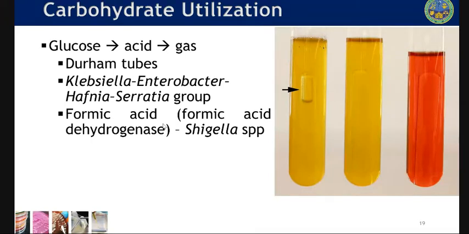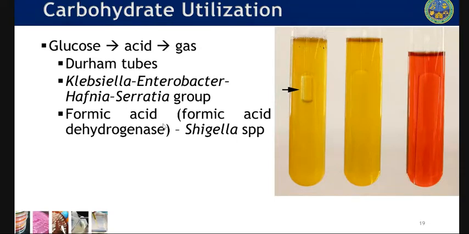If you look at the slide you are seeing right now, it also has an indicator dye. Particularly, this is phenol red, the most common one used for this type of reaction.